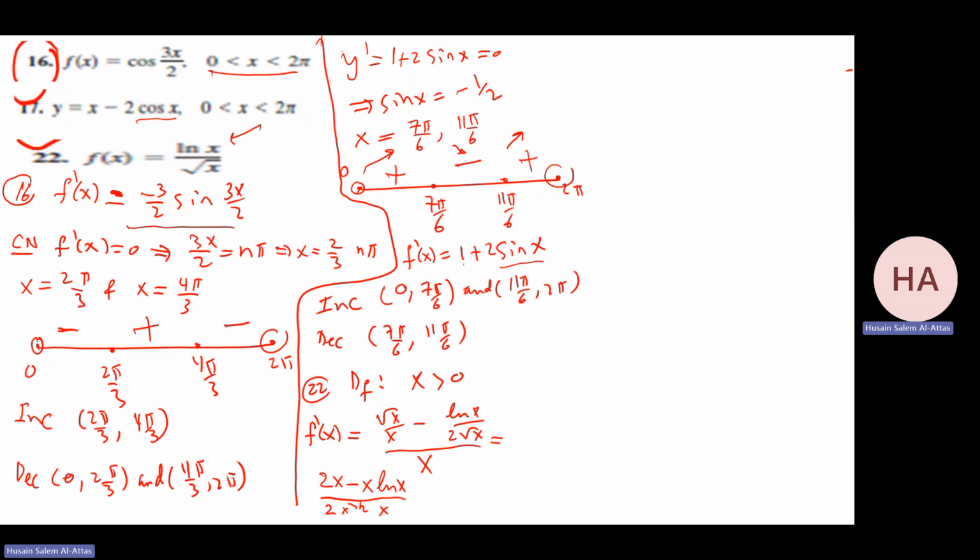That gives me 2x minus x ln x over 2 x to the power 3 over 2 times x. I can take x as a common factor. I have 2 minus ln x over 2x to the power 3 over 2.